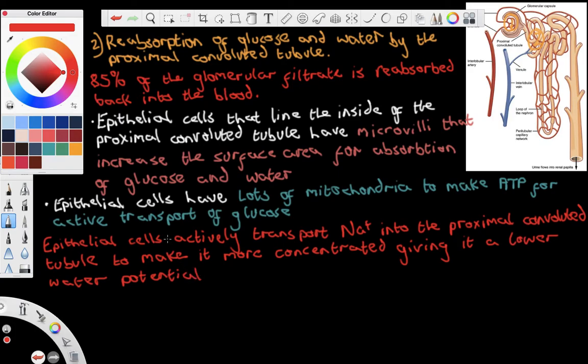Okay, so we're adding sodium ions to make the inside of the proximal convoluted tubule more concentrated, which gives it a lower water potential.